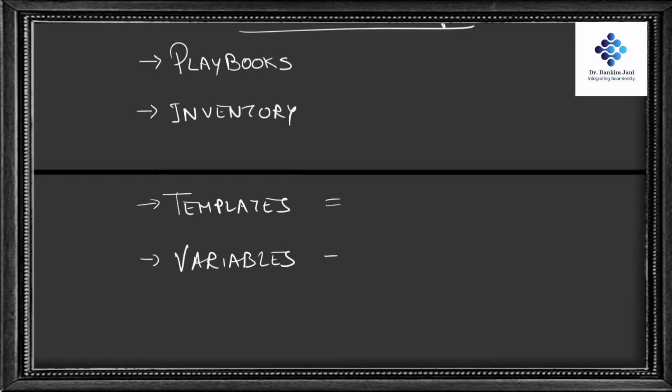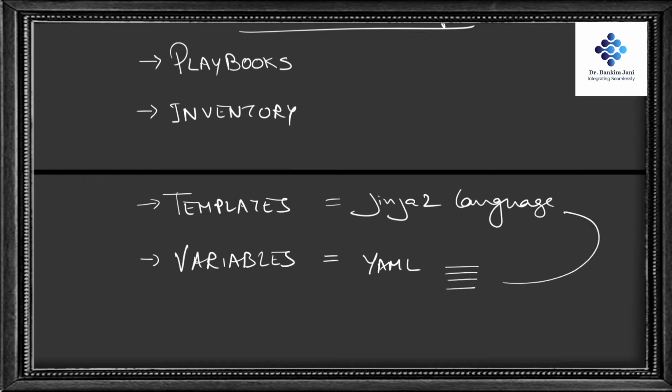Now templates and variables make sense. A template was made using the Jinja 2 language, and we were making all those configurable variables. We were defining them over here using YAML, and Ansible will use them in the template. So all those variables which we define over here will be used by these templates.